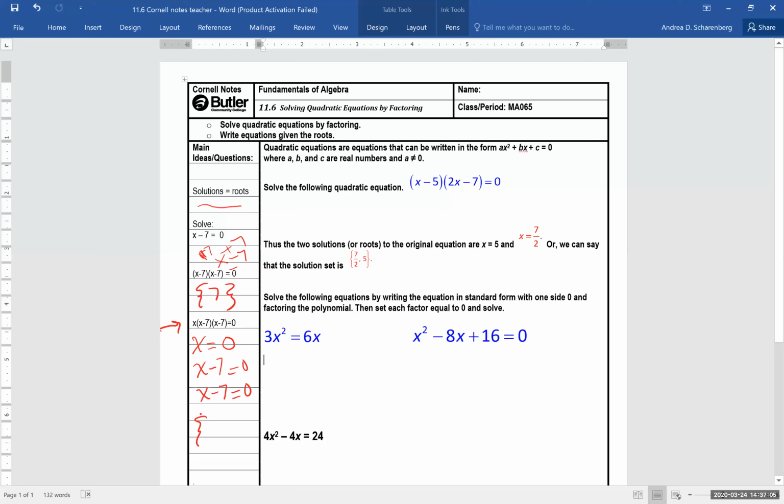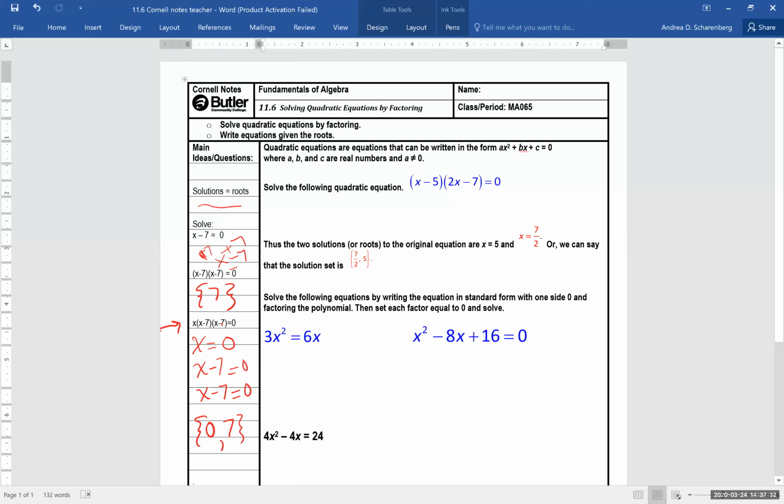So in our solution set, x can be 0, x can also be 7, and I'm only going to list it once. So what I'm saying here is if you put 0 into this side of the equation, you're going to get 0. You're going to get a true statement. If you put 7 in for the x's, you're going to get 0 equals 0. These 0 and 7 are the solutions or the roots to this equation.